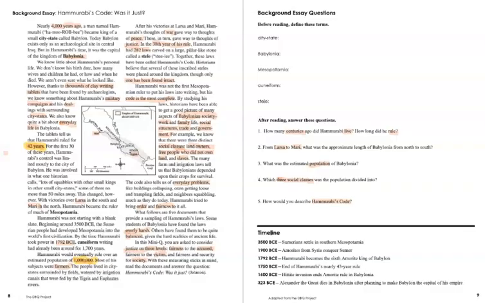And the social classes that are described in Hammurabi's Code are right here. We have the landowners, free people who did not own land, and enslaved people. And then for describing Hammurabi's Code, important facts to include is that there were 282 laws.